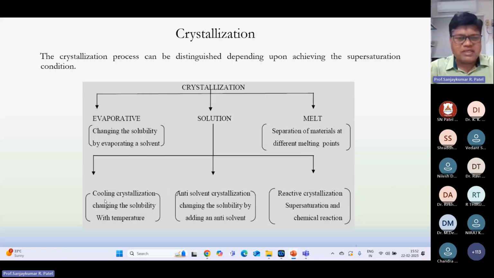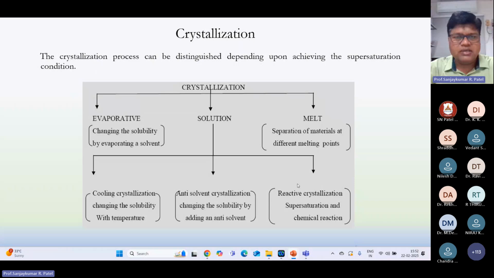We can change the concentration of the solvent, and by changing that concentration, the particular crystallization is known as solvent crystallization. And if you create the supersaturation by the reaction of the reactants, we give the name reactive crystallization.